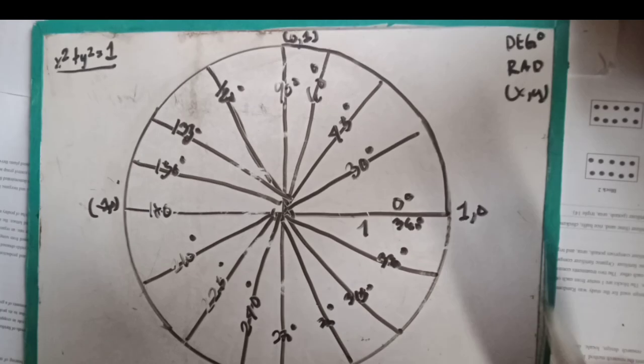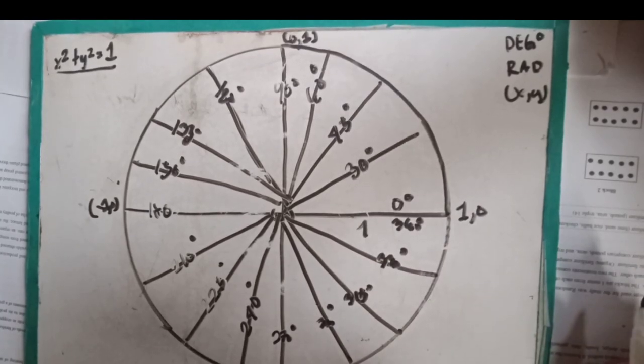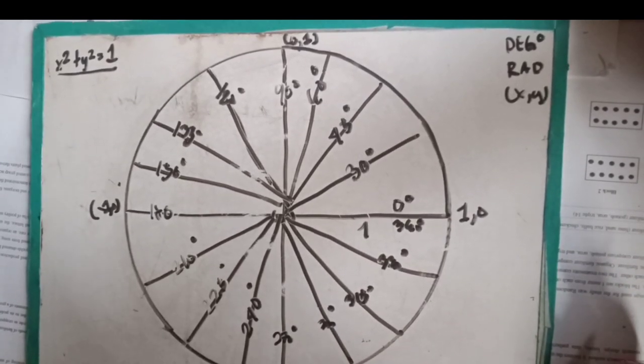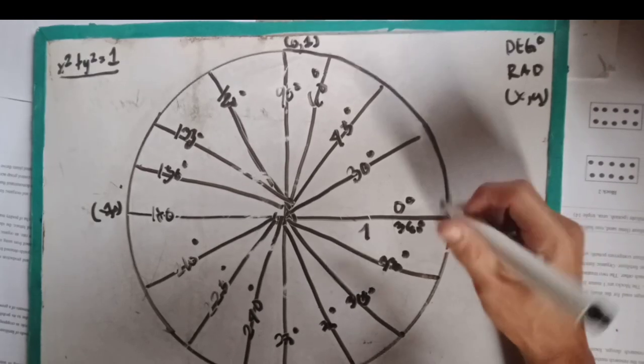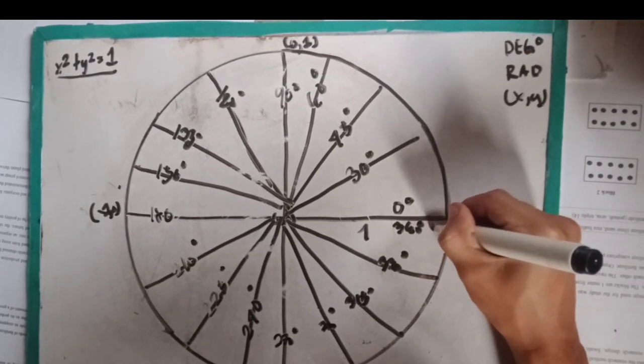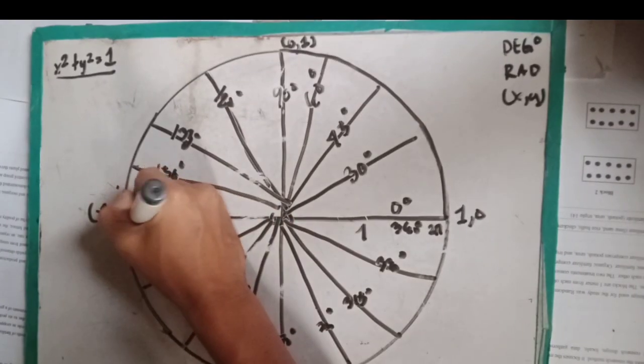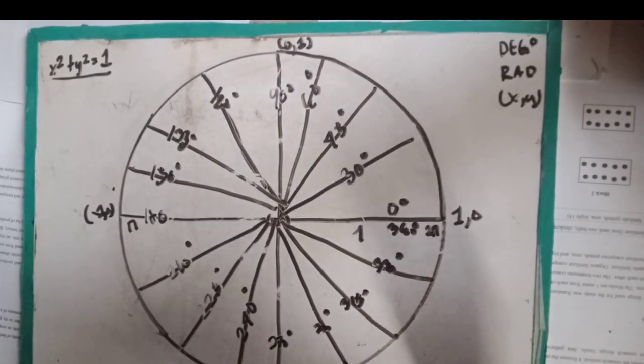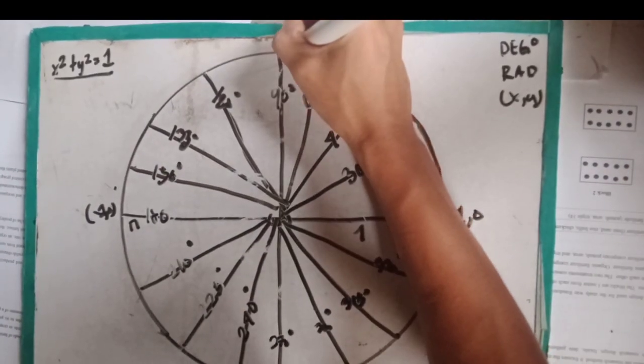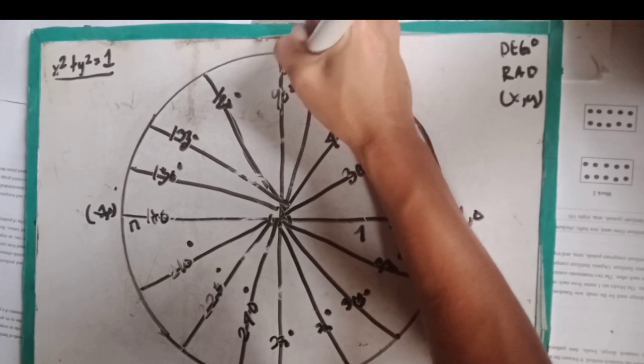So after having all the values in degrees, we will now move on to the values in radians. Before we start, we must know that this full cycle is equal to 2 pi. And half of 2 pi is pi over there. And half of pi is equal to pi over 2.